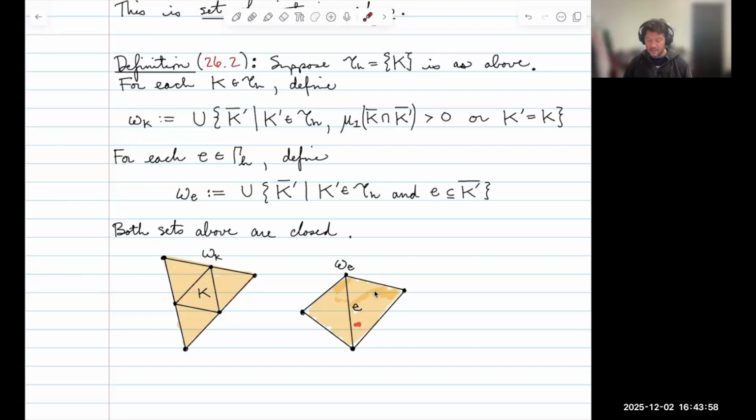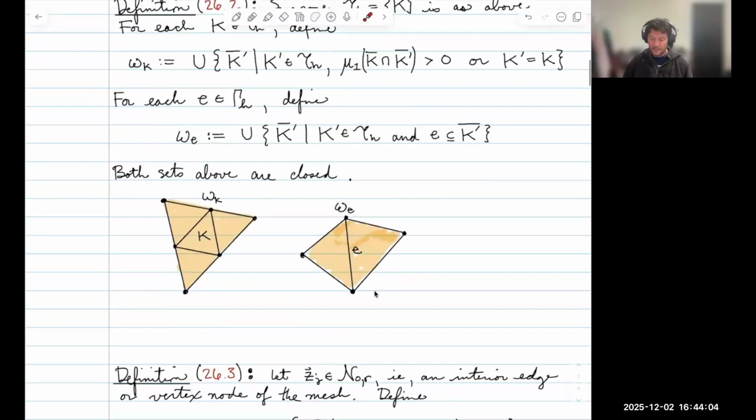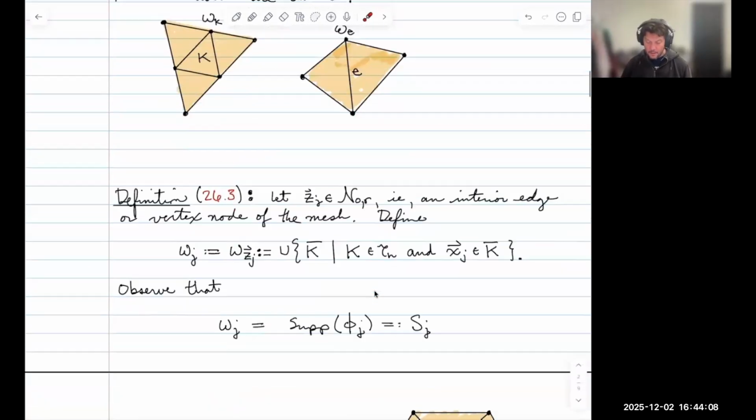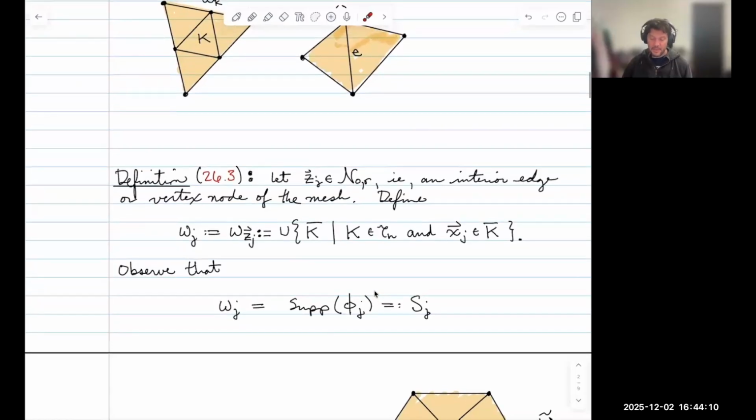What about this one? This is always going to have two triangles in it, two triangles that share a full edge with each other. So those are expanded sets that we need.